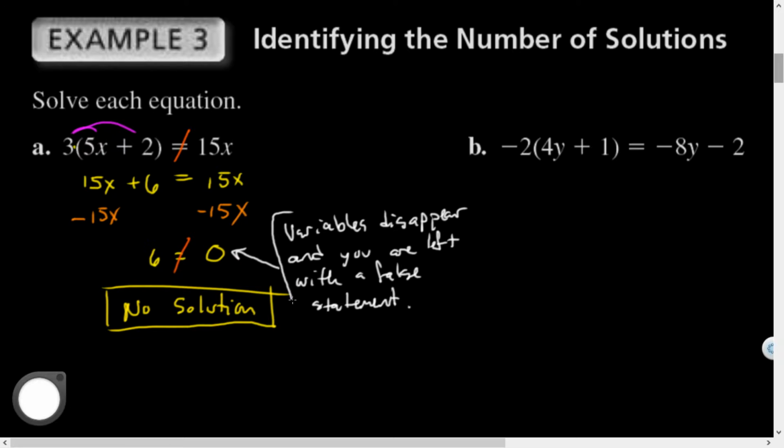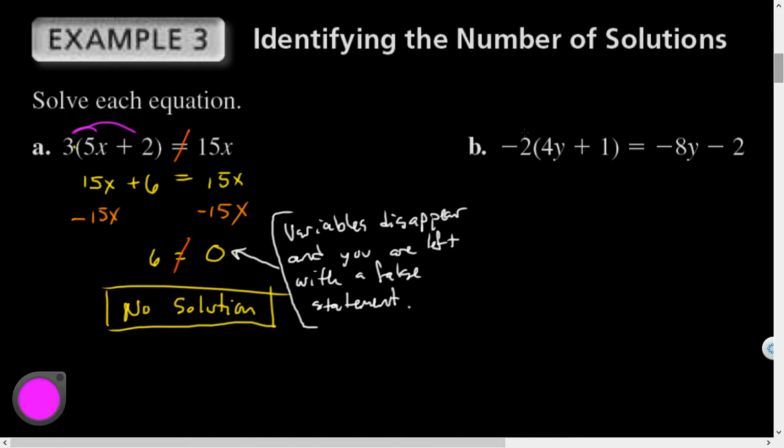Right, so in this case, all of my x's just canceled out, and then I was left with a statement that was untrue. My conclusion is that there was no value of x that ever would have made them happy. Okay, let's look at this next example.